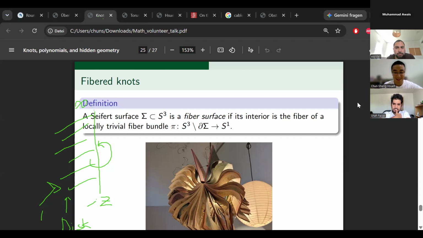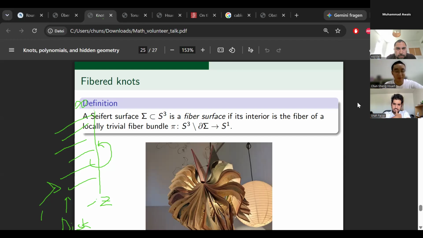One more question I want to ask. Is this complement always aspherical, like, are the higher homotopy groups always trivial? You mean the higher homotopy of the knot complement? I'm not so sure.